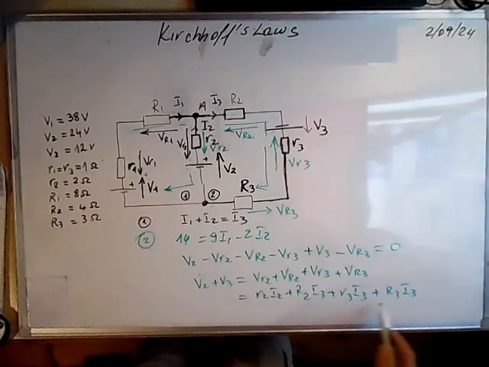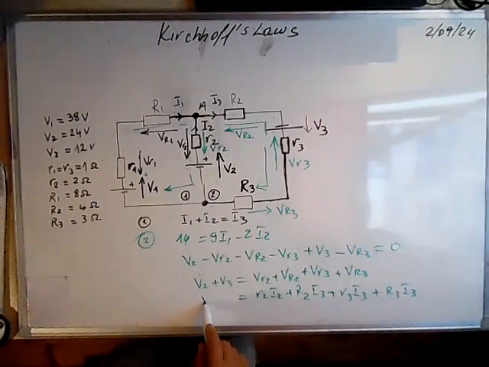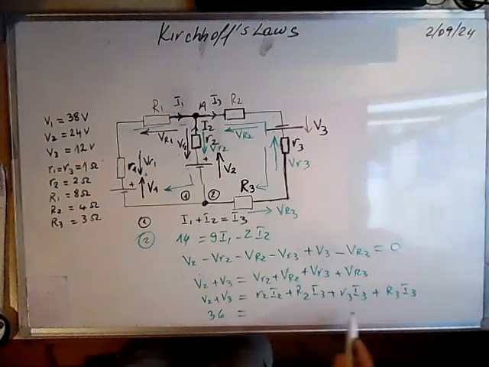Okay, so V2 plus V3 is equal to this. So V2, this is 36. R2 is 2, 2I2.